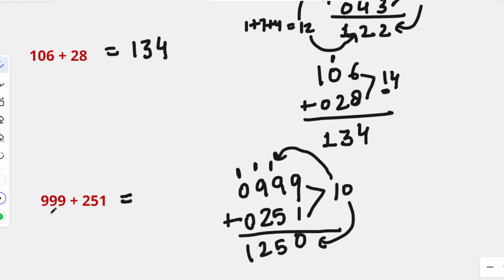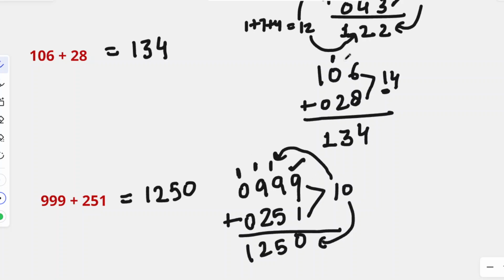So upon adding 999 and 251, we get 1250. And in expanded form we have 1 thousand, 2 hundreds, 5 tens and 0 ones, right? So you can see in this addition we have multiple regrouping.